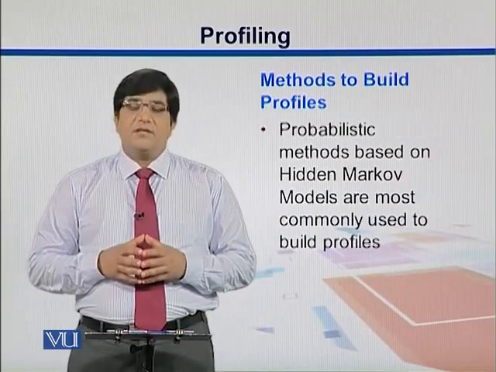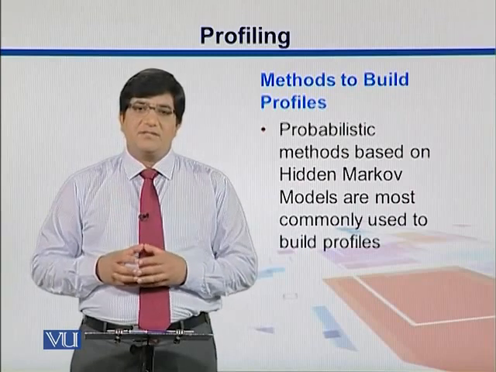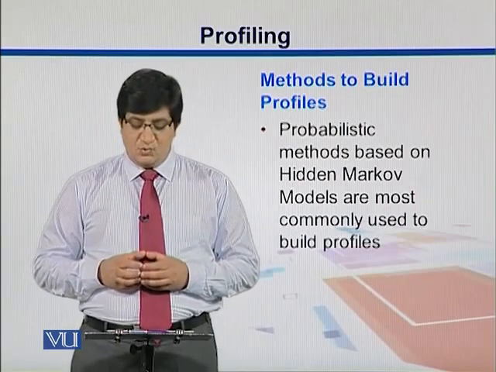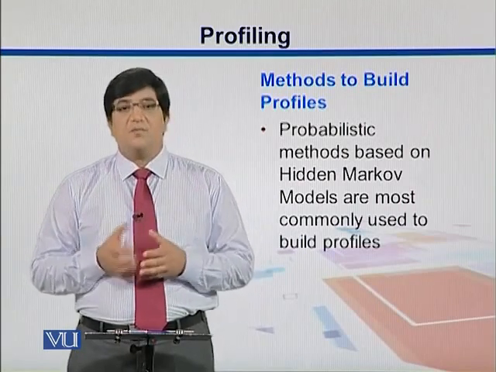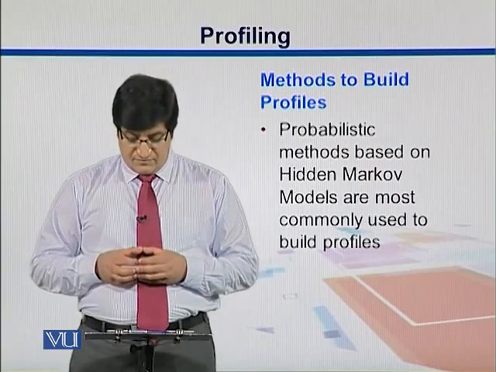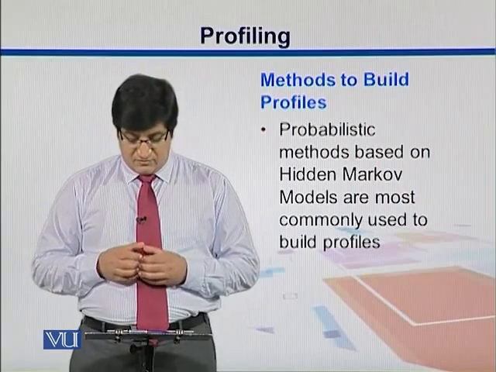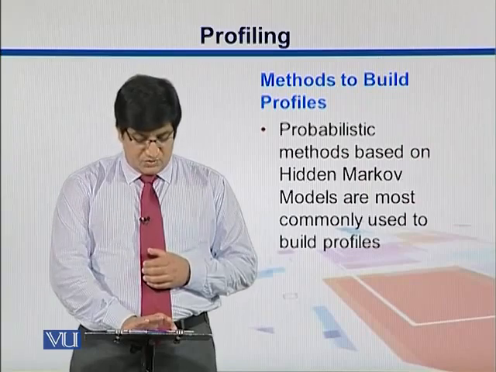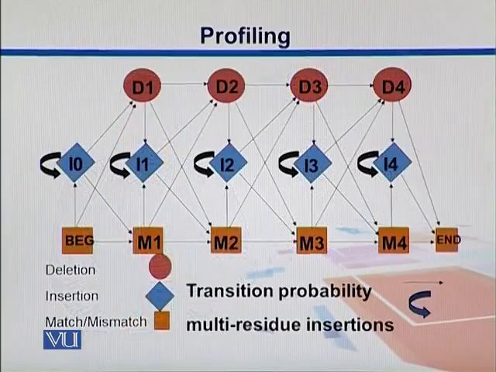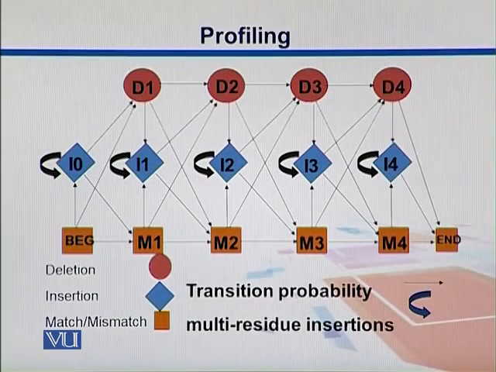There are mainly probabilistic methods in statistics which are used to generate those profiles. One of the most famous examples is the use of hidden Markov models, which can be used to build up the profiles. For example, here we are building a profile for a sequence that can be coming from, say, 4 columns or 4 nucleotide positions.